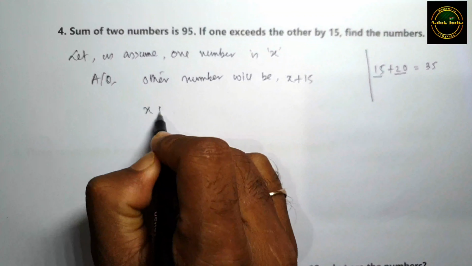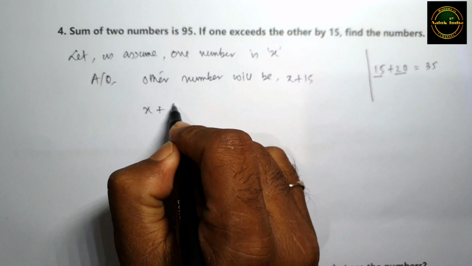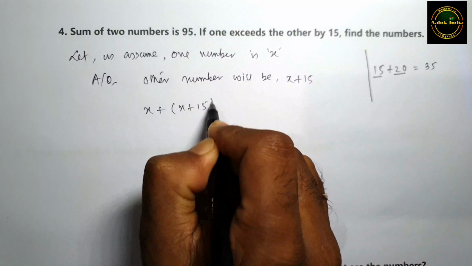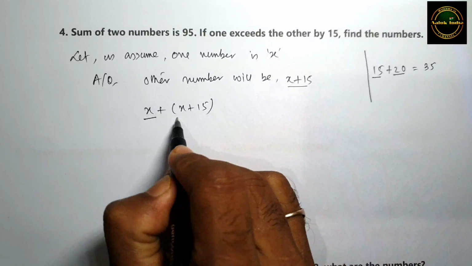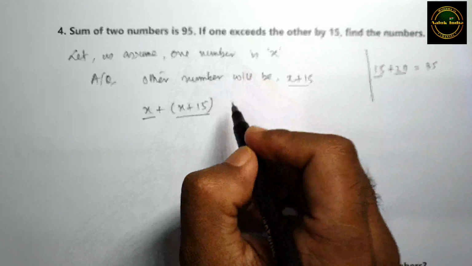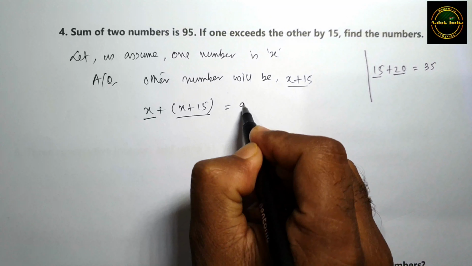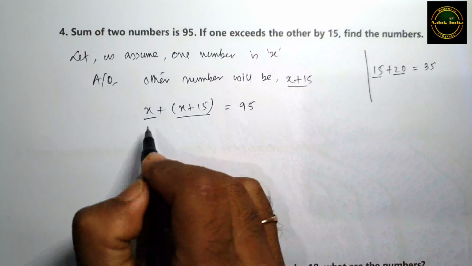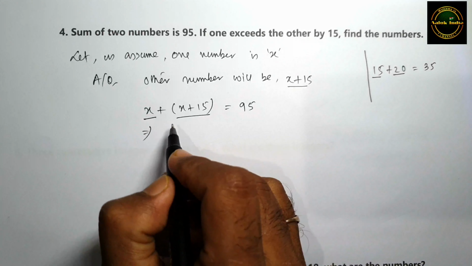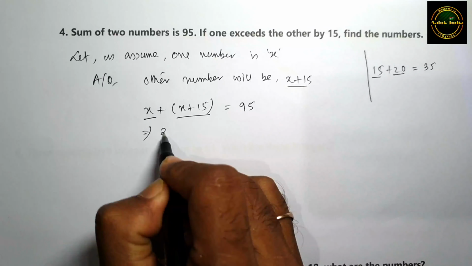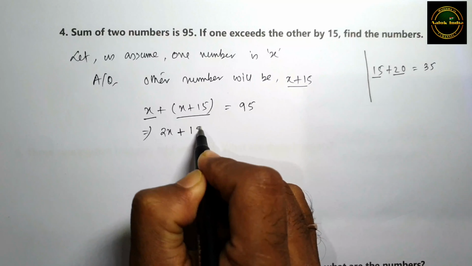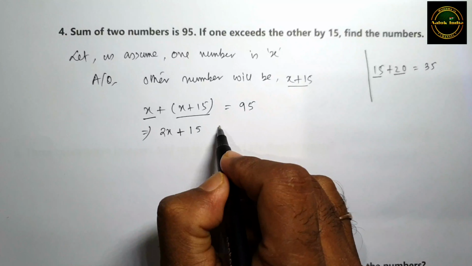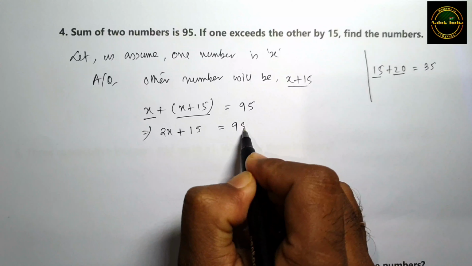So one number is x and the other number is x plus 15. The sum of the two numbers is 95. So x plus x is 2x plus 15 is equal to 95.